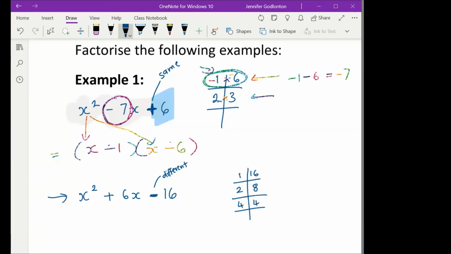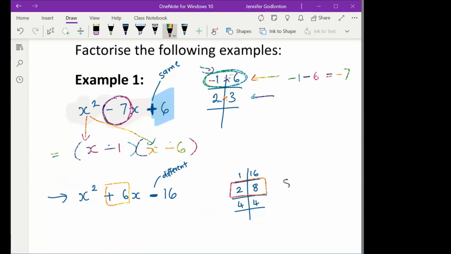All right, now you're going to look at your factor pairs and which one of them is going to help us get to 6. 2 and 8. Yes, 2 and 8. Okay, and I have to get positive 6. So what do my numbers need to look like? Which one's going to be positive and which one's going to be negative? The first one is going to be negative 2.